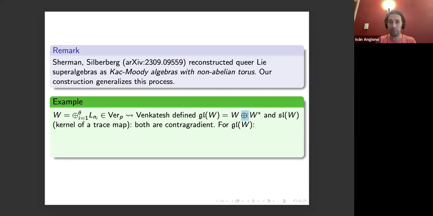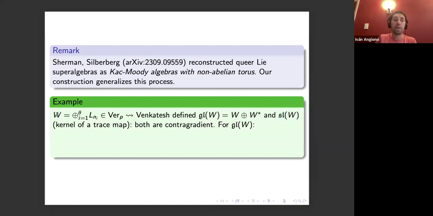This is an associative algebra. And as you have for Lie algebras over any field, if you have an associative algebra, you can construct the corresponding Lie algebra. This is the way in which you construct GL of W. As you have a trace map, you have the same idea to take the kernel of the trace map. And this is the definition of SL of W.